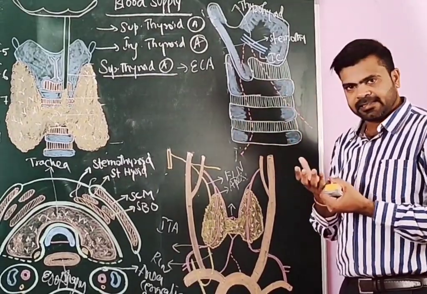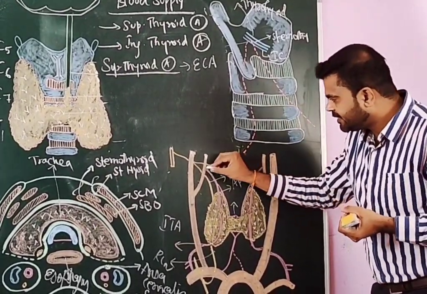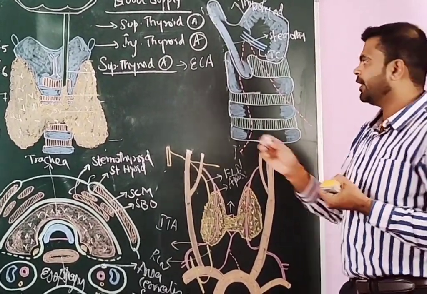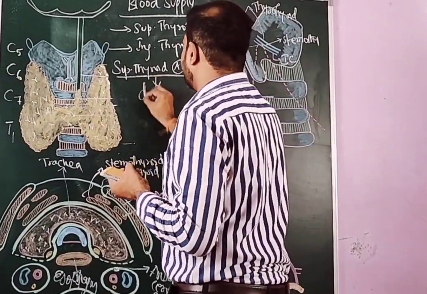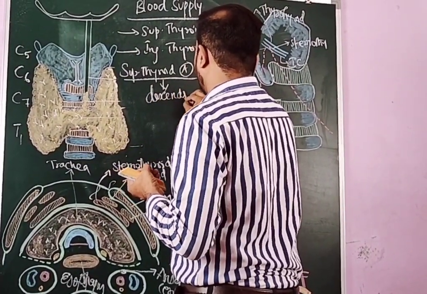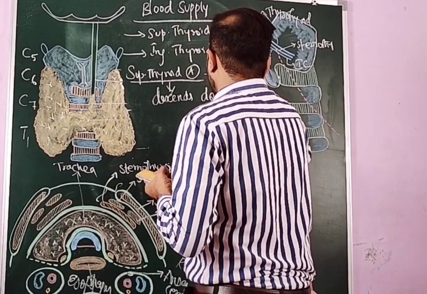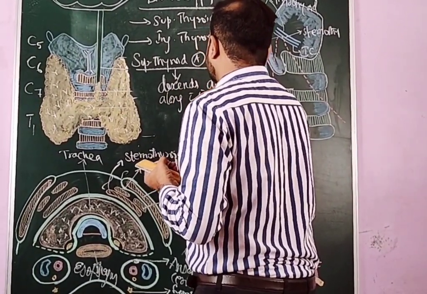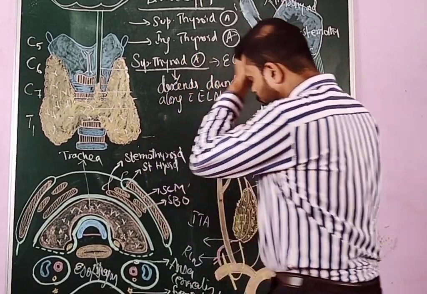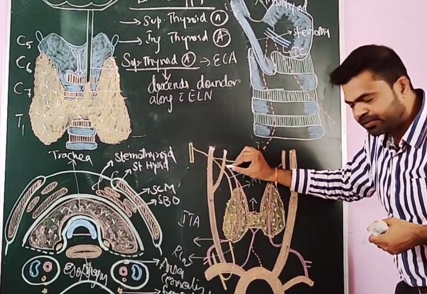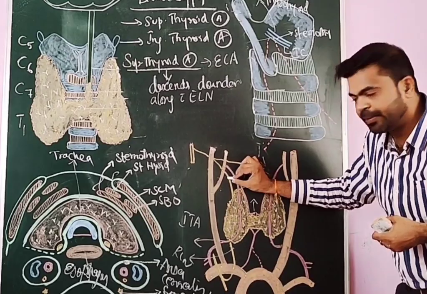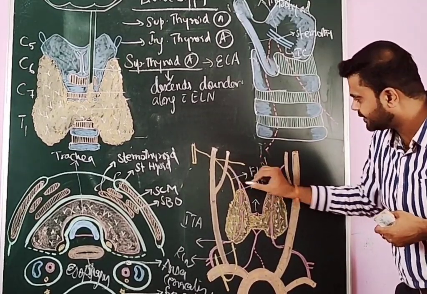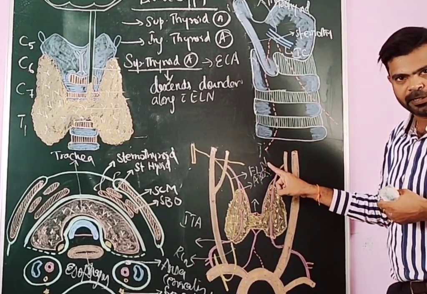Once it arises, it descends downwards along with one very, very important nerve, the external laryngeal nerve. Here the superior thyroid artery passes downwards along with this important nerve, the yellow one I showed, the external laryngeal nerve.